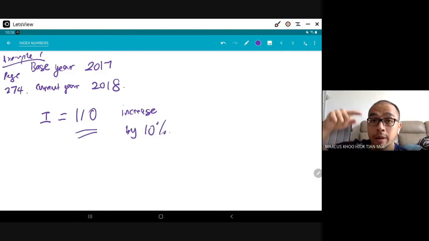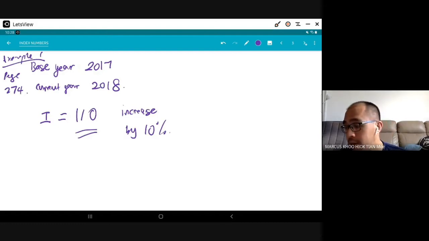That's why at the bottom of the example there is a line that says, thus there is an increase of 10% in the price from the year 2017 to 2018. Very easy, right? The formula is actually very easy, but you just have to read a lot.